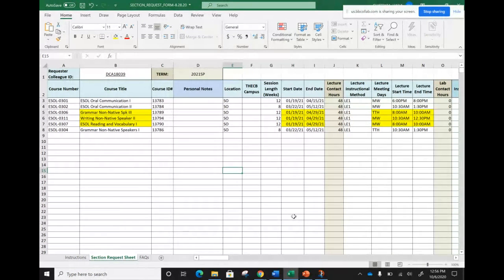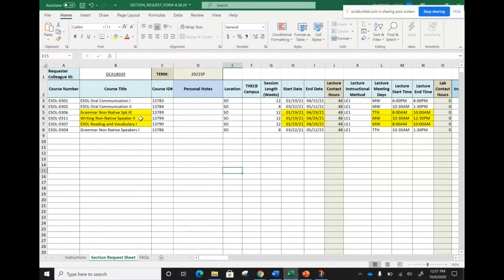Some of them will be synchronous, some of them are asynchronous, and it will tell you which ones are which. I'm going to post a video in the announcements page, and that video will show you how to get to the schedule, and also how to know which one is a synchronous class and which one is asynchronous.